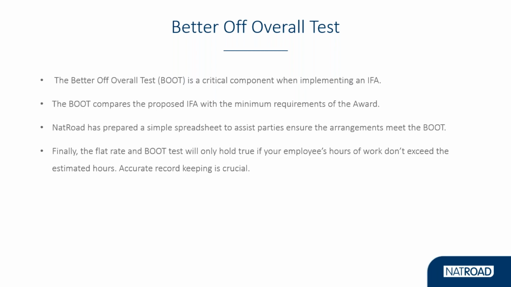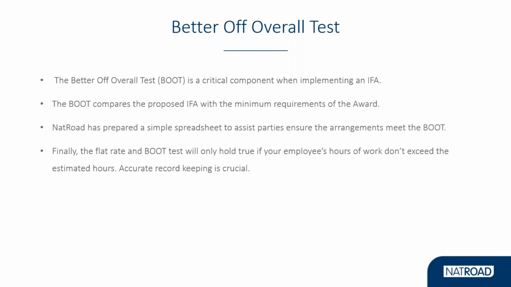So that takes into account the ordinary hourly rate, the rate that's payable for overtime, the penalty rates for weekend work, meal allowances and other things like that, anything that you've incorporated into that hourly rate. Now, I'll come to it in just a moment. We do have what we call a calculator to assist. It's set up in a simple spreadsheet and we can assist you with that or provide it to you as well.